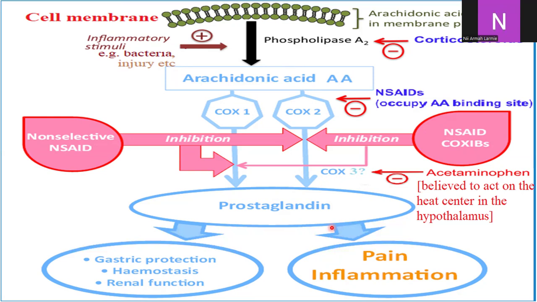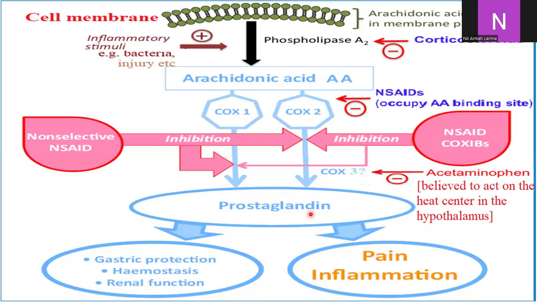Now, how do our NSAIDs work? Basically, our NSAIDs work by inhibiting the activity of the COX enzyme, the cyclooxygenase enzyme. That means after the injury or the infection or whatever is stimulating the inflammation, there may be the release of arachidonic acid, but because we are inhibiting the cyclooxygenase, arachidonic acid is not converted to prostaglandin.